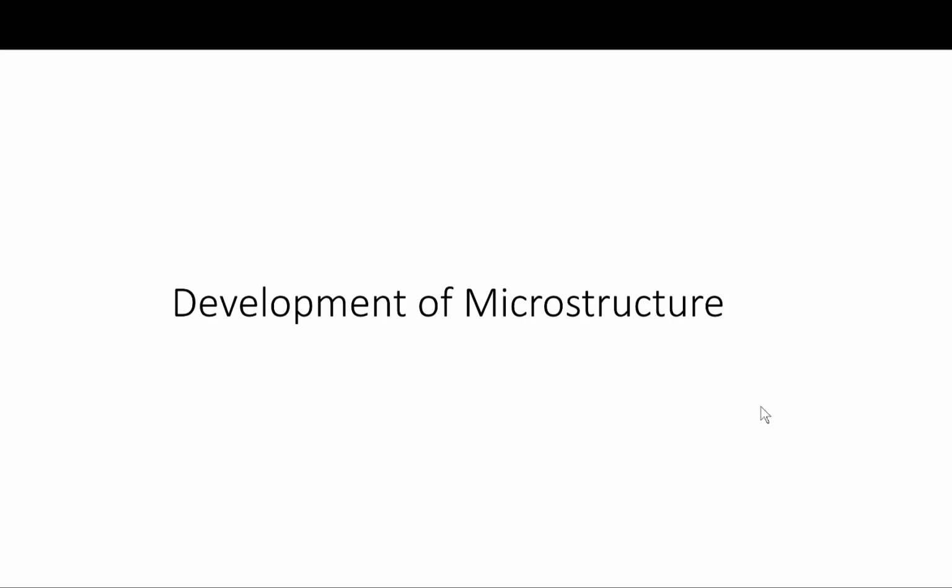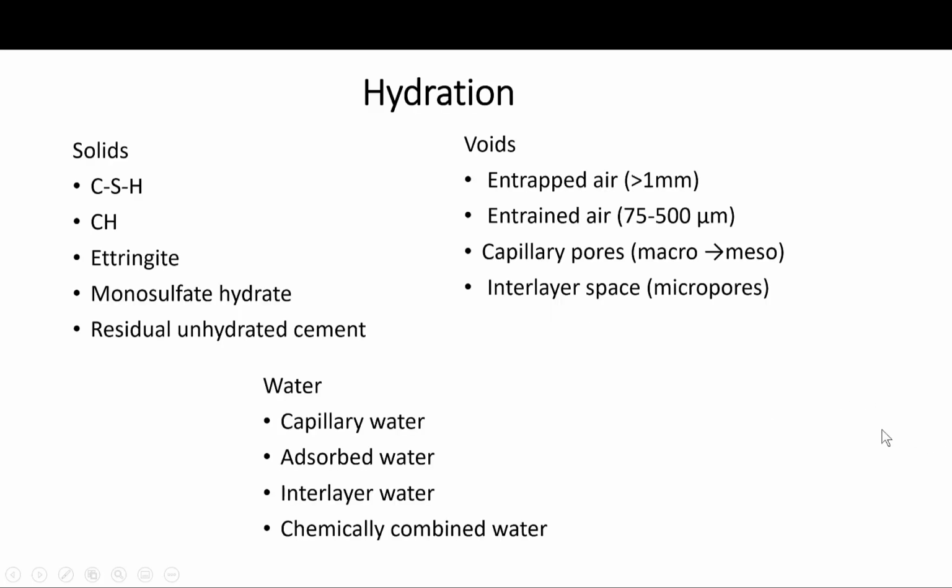The microstructure comprises the solids, which are the four compounds discussed just previously, in addition to the unhydrated residue, as you can see on the slide, the voids, and the water present in the voids, which will also have a major impact on the behavior of the hydrated paste.